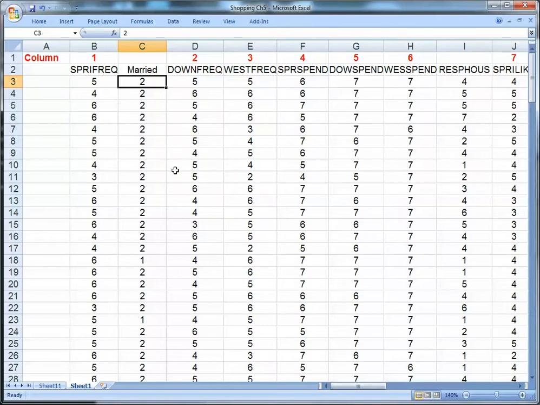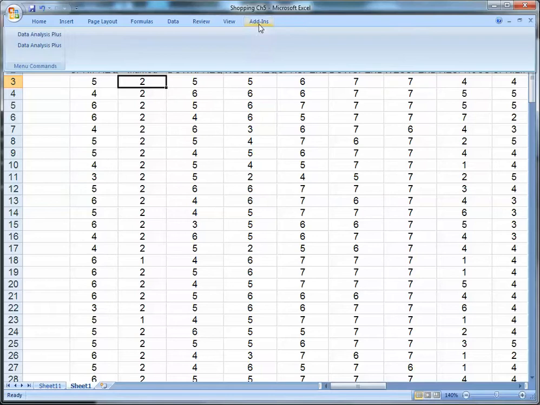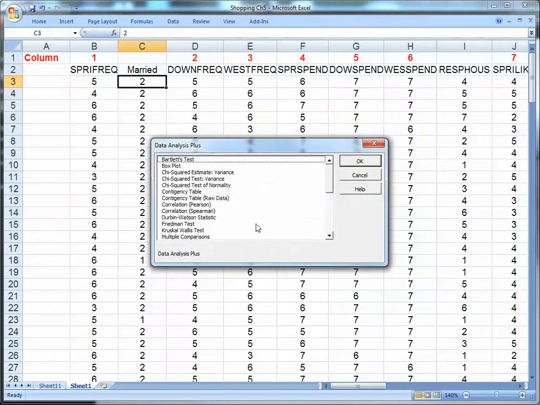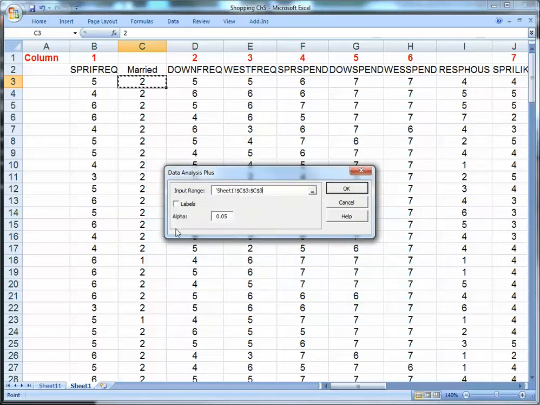So now I am going to go to the Add-ins tab and Data Analysis Plus, and we have 2 contingency tables. Contingency table and contingency table raw data. We need the raw data one. So I'll say OK. Check the labels box as we're going to put labels on it.